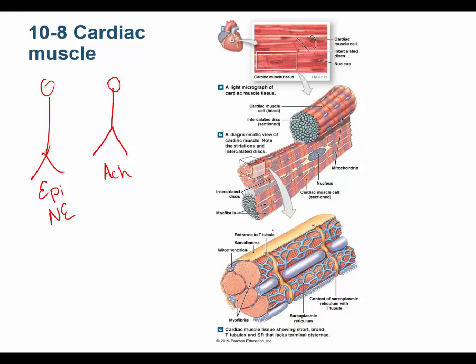In addition, there's another big difference, and that is this. In between cardiomyocytes are these intercalated discs. Well, actually, this is one here been cut, and this is one I colored through. I'll uncolor it. These intercalated discs, here's another one right here, are junctions between cardiomyocytes that contain gap junctions.